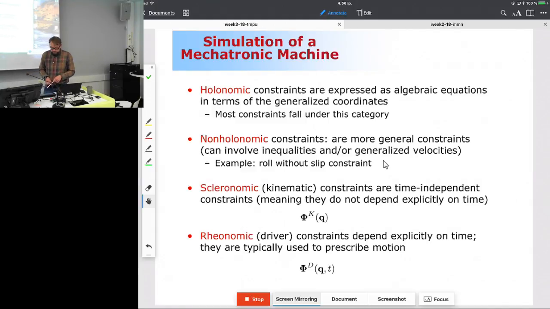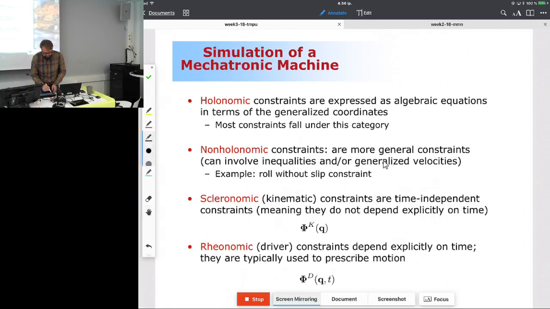Then there are holonomic constraints that are kinematic constraints, like, again, a revolute joint. And then there are holonomic constraints that are driven constraints. Those are the ones that introduce motion to the system. Again, let me make a drawing here.